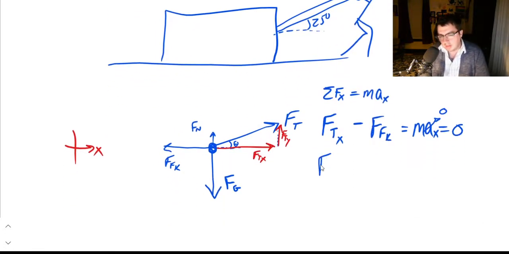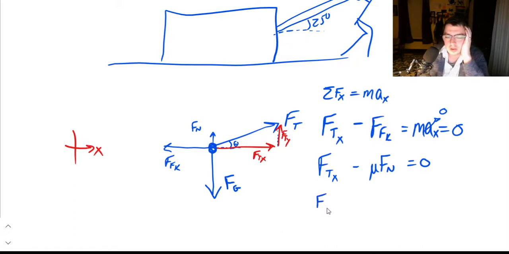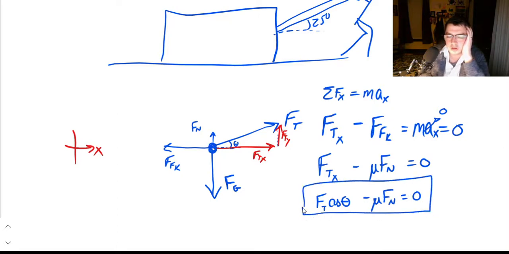So I have Ftx minus mu times the normal force, which equals 0. This tension force here, the x component, is Ft times cosine of theta minus mu times the normal force equals 0.